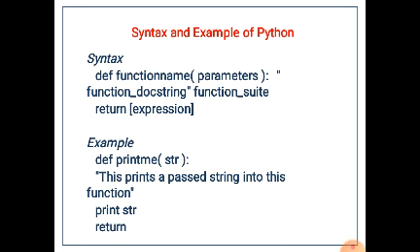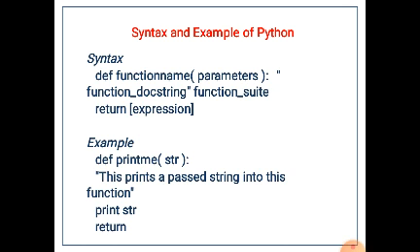So now you see the example here. Def is the keyword, print me is the name of the function, and the parameter that is inside the parenthesis is str. Now what is this str? Str is the sentence that is given in the block there.